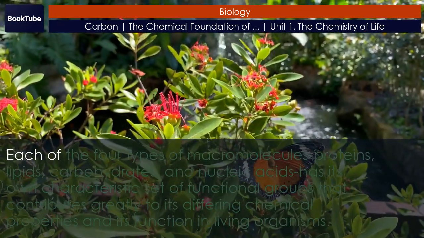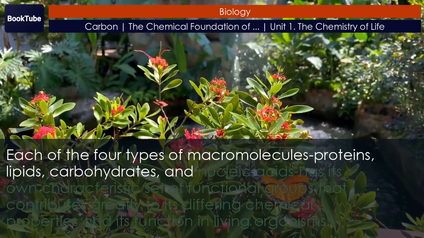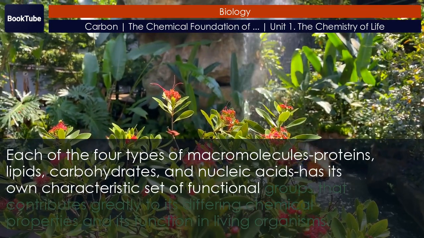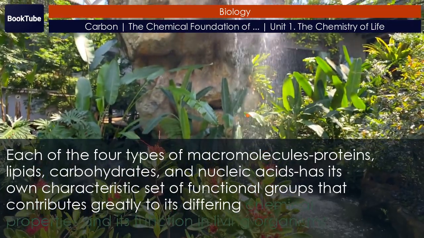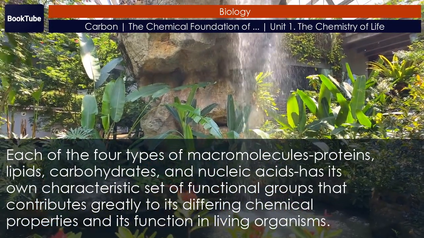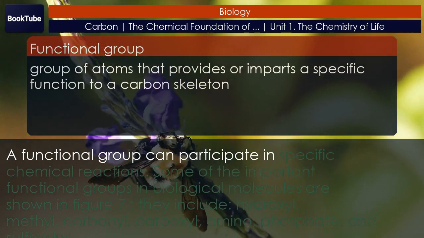Each of the four types of macromolecules, proteins, lipids, carbohydrates, and nucleic acids, has its own characteristic set of functional groups that contributes greatly to its differing chemical properties and its function in living organisms. A functional group can participate in specific chemical reactions.